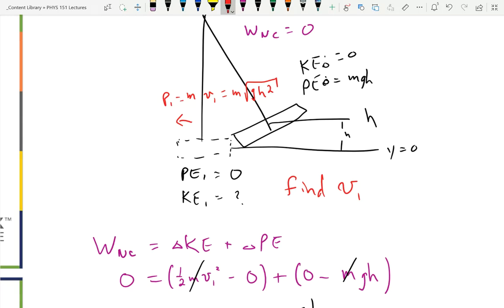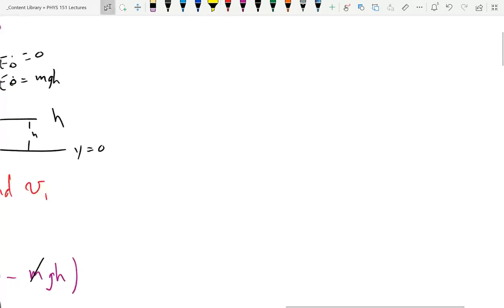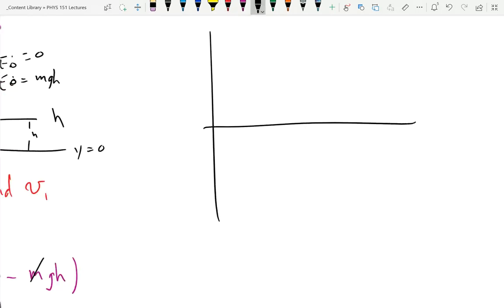And then we have two separate types of collisions, so I'm going to separate them. Up here we have what we call the elastic collision. It bounces back perfectly, which we're going to take to be momentum 2 equal to minus momentum 1.